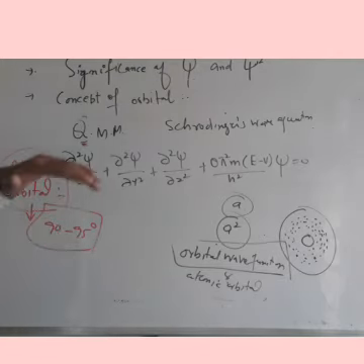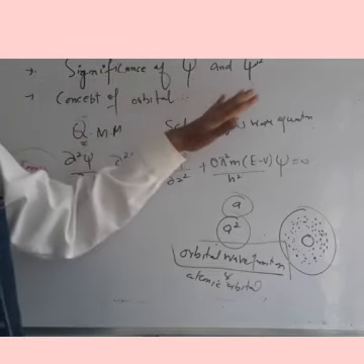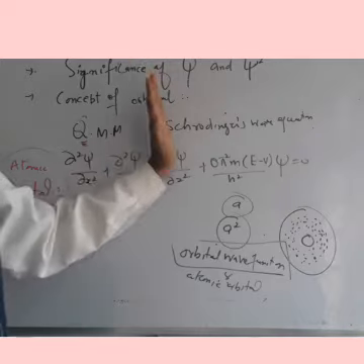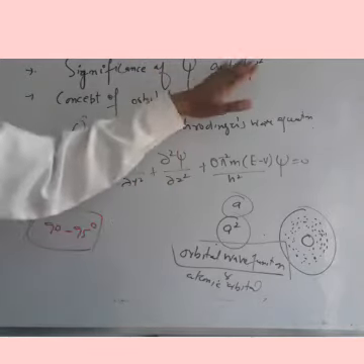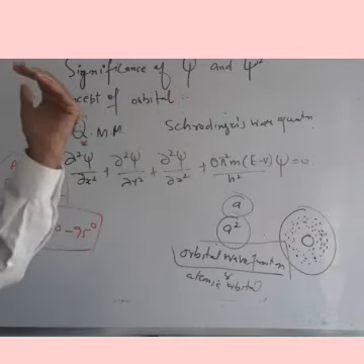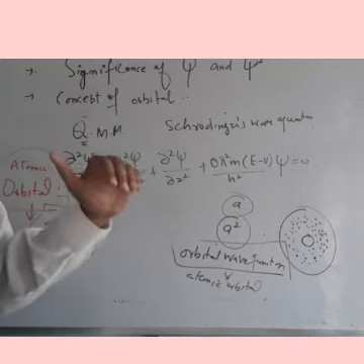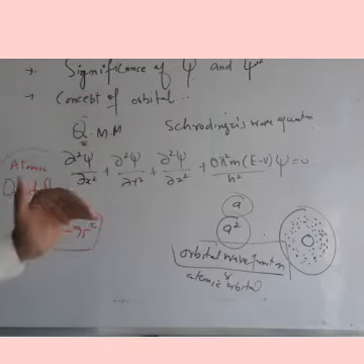So this was about significance of psi and psi square. Psi has no significance, it just represents the amplitude of the electron wave. Psi square gives the probability of finding the electron at a particular point around the nucleus.